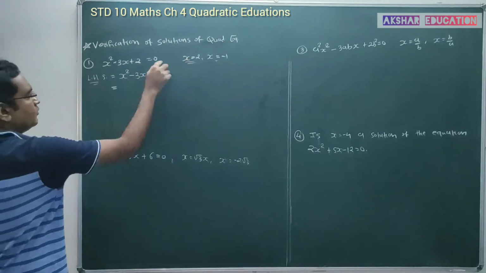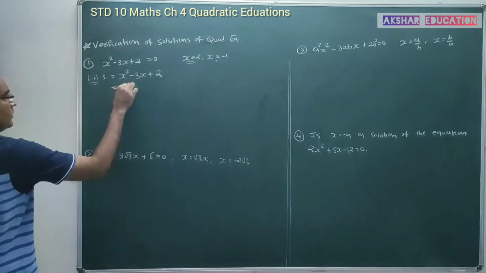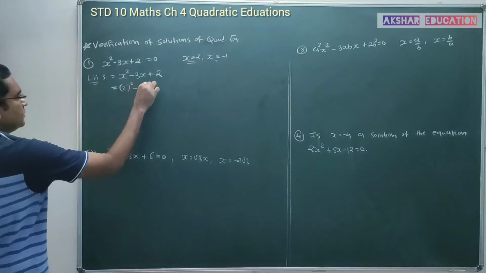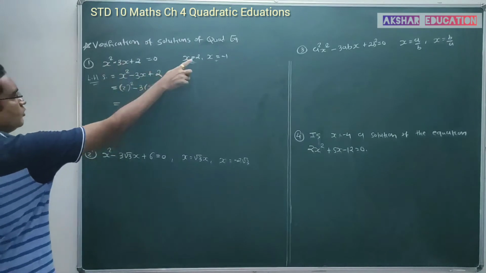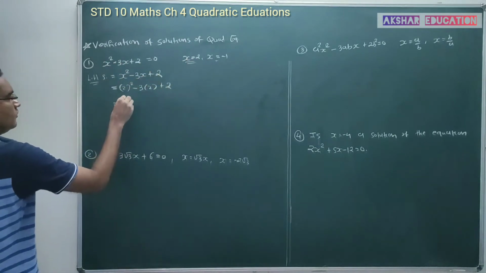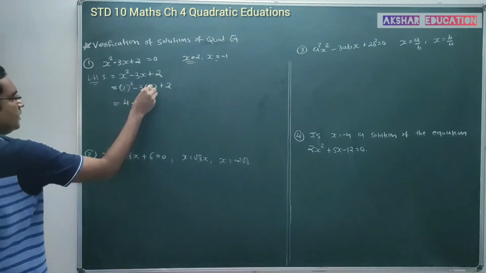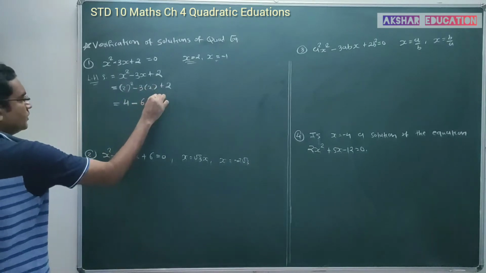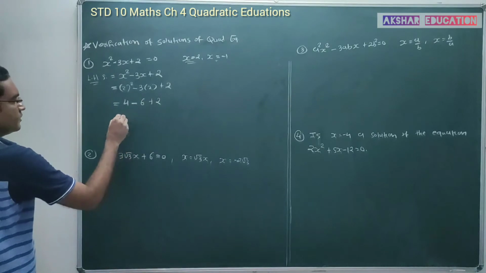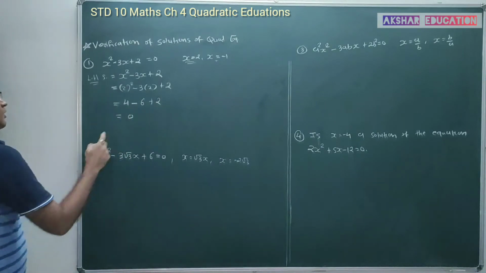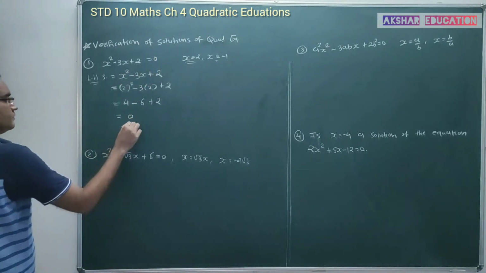Now put x equal to 2 in the given equation. So it's 2 square minus 3 into 2 plus 2. Whenever x is there, you have to put x equal to 2. So 2 square is 4, minus 3 twos is 6, plus 2. So this is equal to 4 plus 2 is 6, minus 6. This is equal to 0.